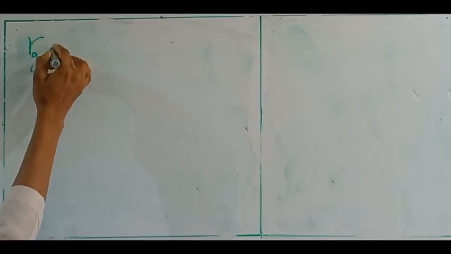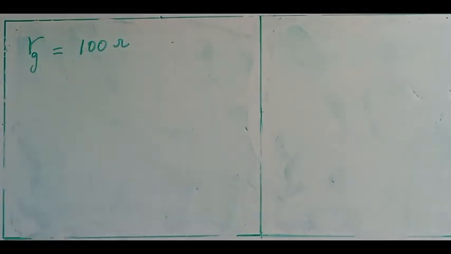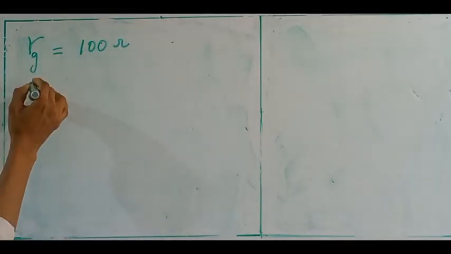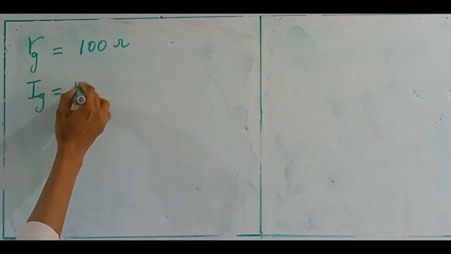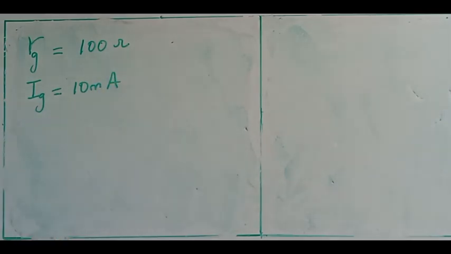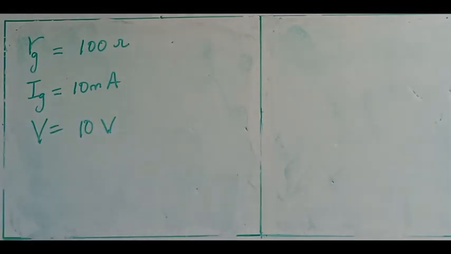Given: internal resistance as 100 ohms, current 10 milliamperes, V is given as 10 volts. We are looking for the resistance of the multiplier. So which formula are we going to use?